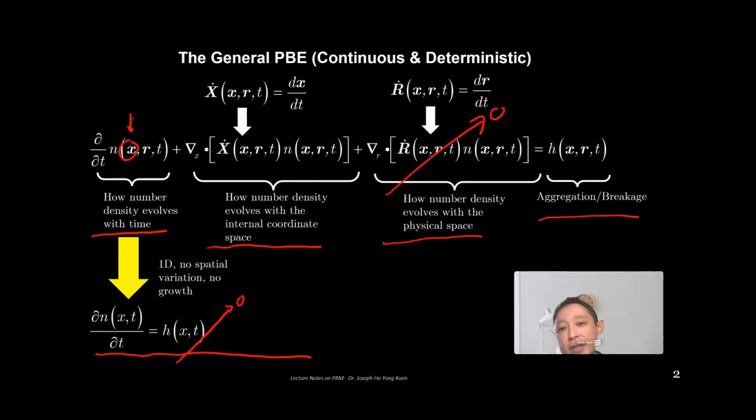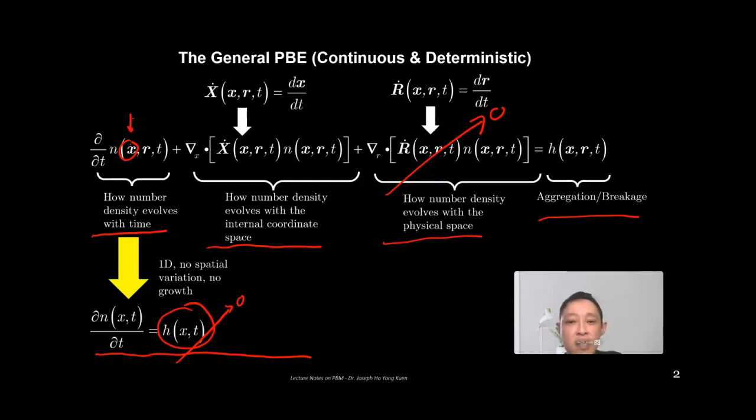Note that at this point, this population balance equation, even though it's in its one-dimensional internal coordinate form and with no spatial variation, is still a very general population balance equation. Why? Because at this point in time, we have not said anything about this source or sink term.